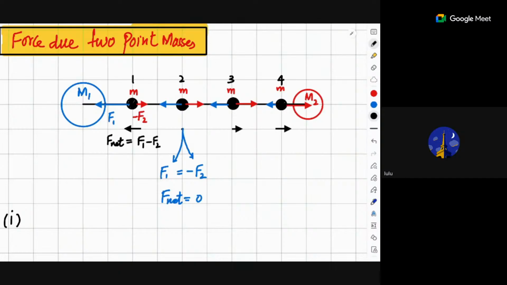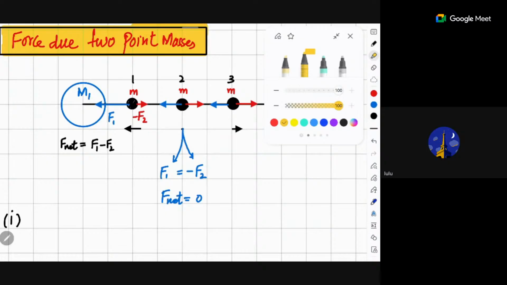This is a very important point, what is the net force. Net force is basically the difference of these two forces which are actually in different directions. So if I simply say that this F net is different in different positions.